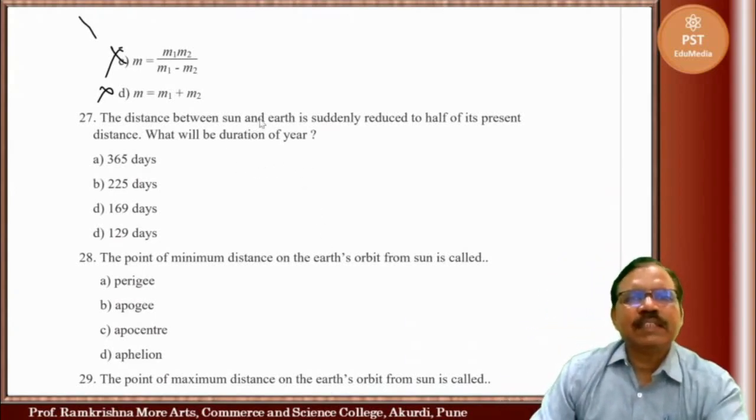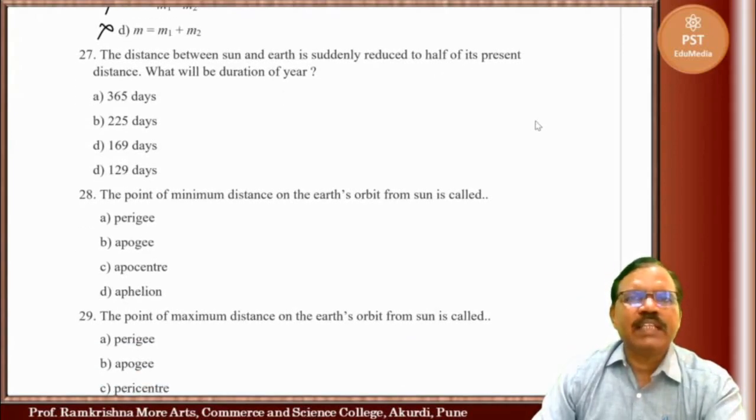The distance between the sun and earth is suddenly reduced to half of its present distance. What will be the duration of the period?